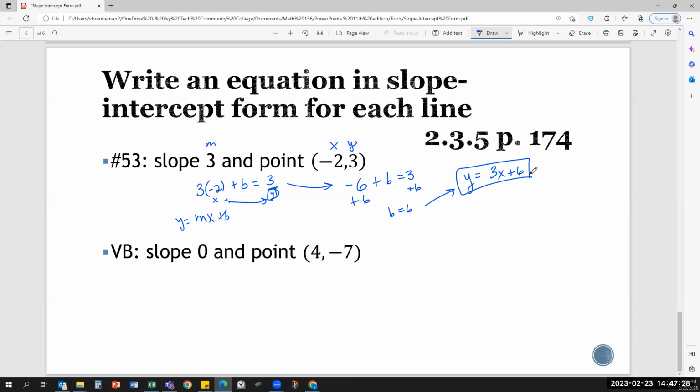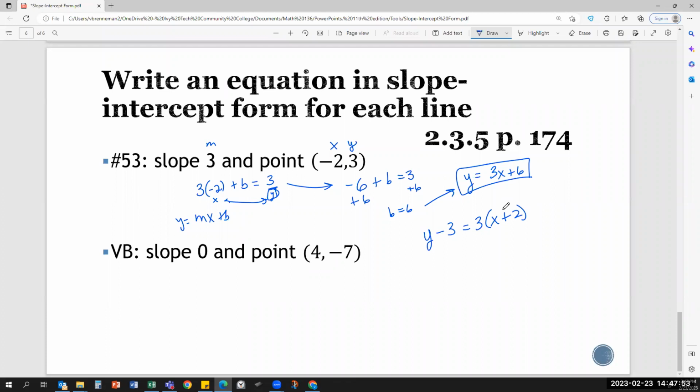The other way is to start with point slope form. So point slope form, you take y minus the y value of the point equals m, the slope, 3 times x minus the x value. Minus a negative is plus, so just opposite sign of whatever the coordinate is in the point is what gets combined with the y or the x.